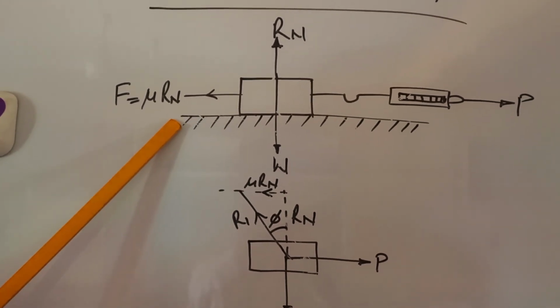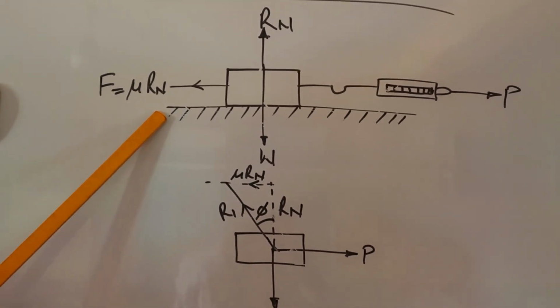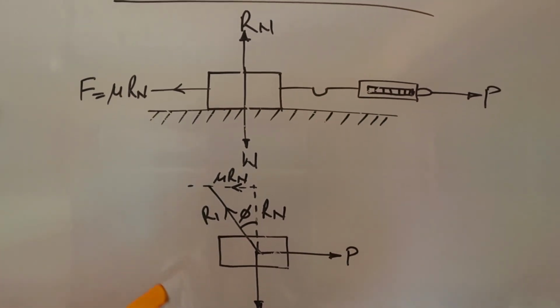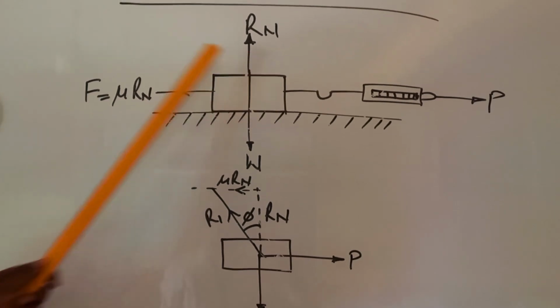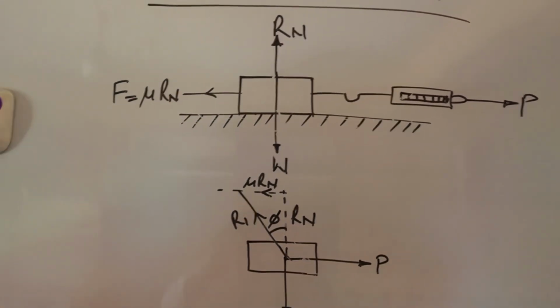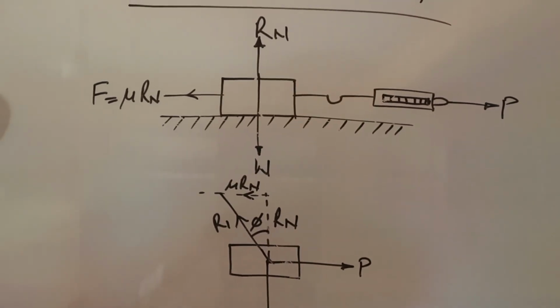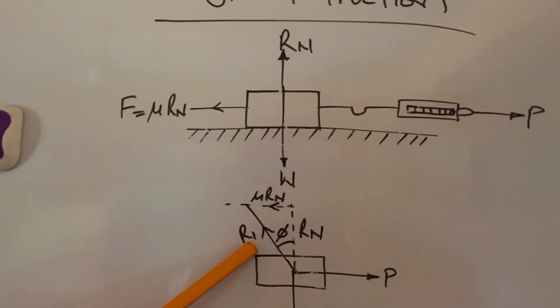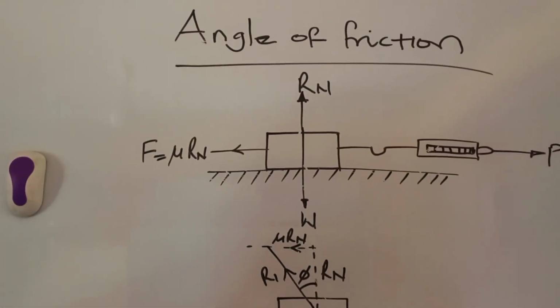The induced forces, that are forces acting on the block by the surface, that is Rn and F, may be considered as the two components of a single force designated R1. Look at this figure. That's the free body diagram.